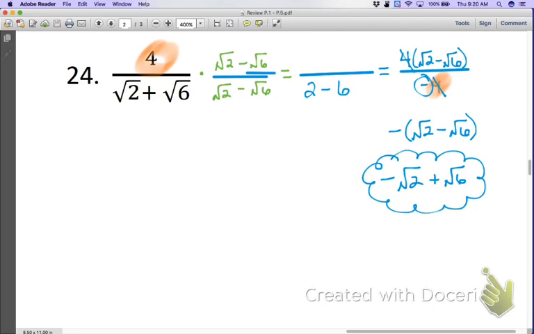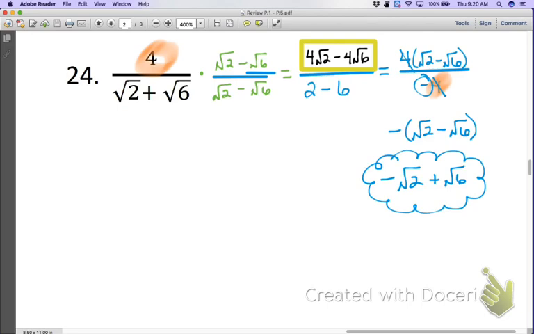Now, and I'm going to put my little disclaimer here in this little box, even if you multiplied the 4 and went 4 times the square root of 2 minus 4 times the square root of 6, since everything was divisible by that 4, you can just divide each one out. Okay?